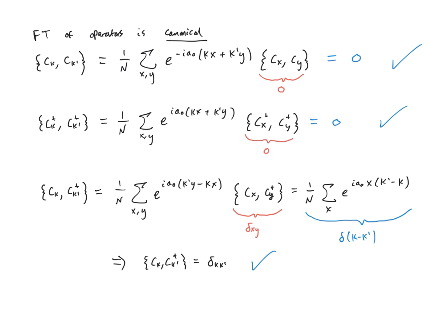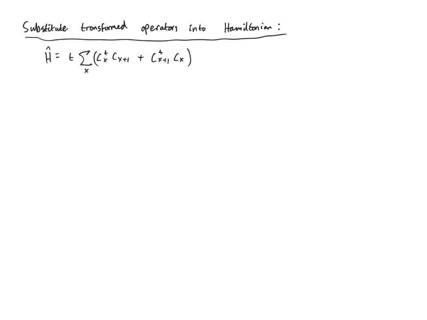What we need to do is just substitute this into our Hamiltonian and see what we get. Okay, so we want to substitute the transformed operators into this Hamiltonian. This Hamiltonian is just the 1D chain in the original real space basis of orbitals along the x-axis. So we just want to substitute in our expressions for our cx's and cx plus 1s. So let's do that.